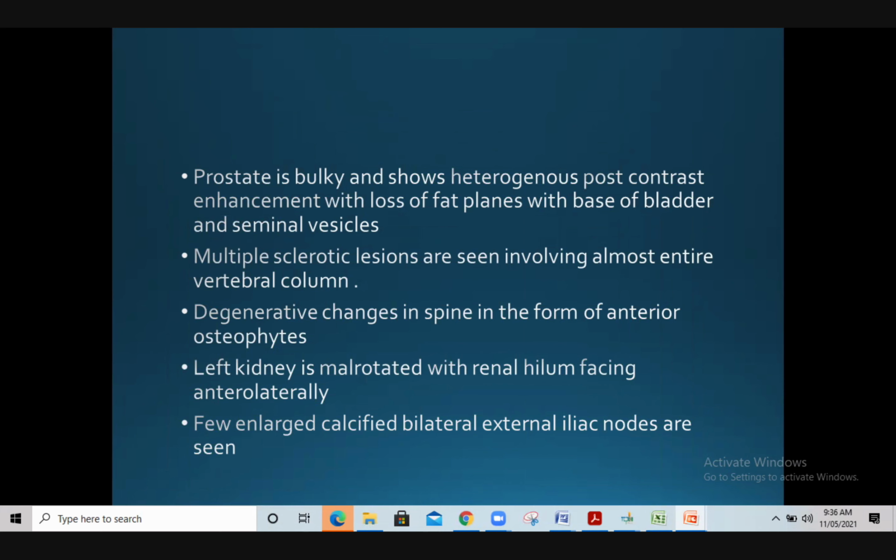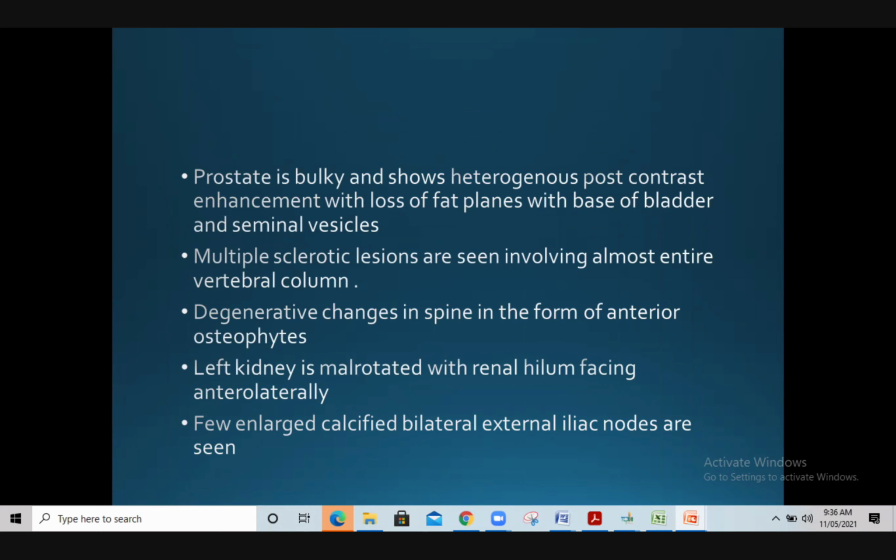A bone scan won't suffice. We have seen the abdomen and pelvis. What will an MRI tell you more than a bone scan in this scenario? Here it will give me an idea about the extraprostatic extension, lymph nodes. Okay, extraprostatic extension, lymph nodes, soft tissue.